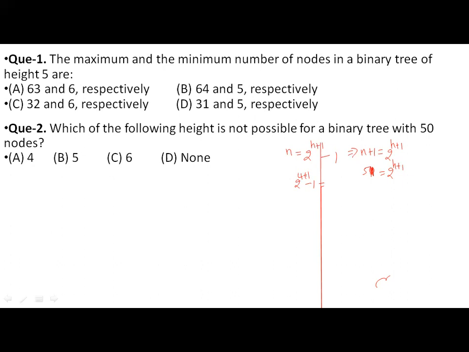So 2 power of 5, 2 power 5 is 32, 32 minus 1 is 31. So that means with height 4, the maximum number of nodes that can be included is 31 nodes.